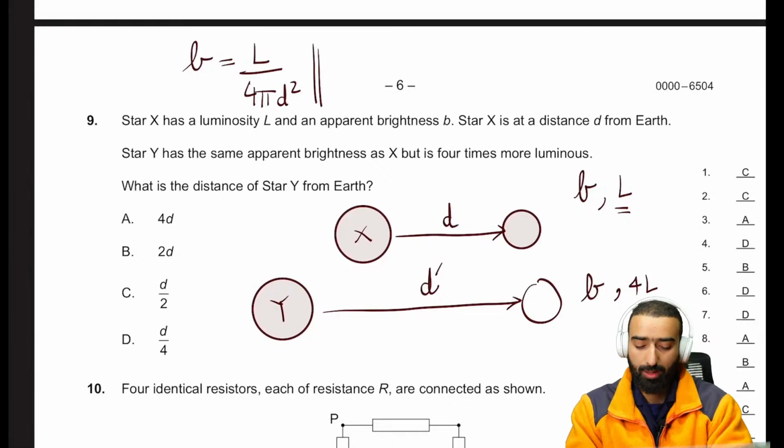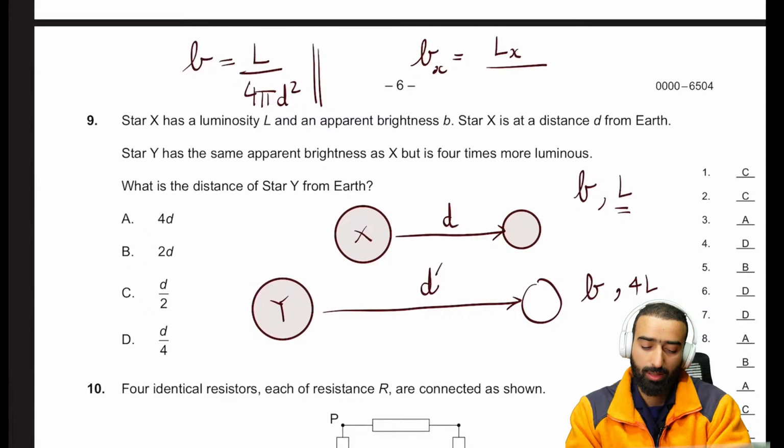Let's apply this relationship onto star X. So we get brightness of star X is its luminosity divided by 4 pi d square. And the other equation is brightness of Y is luminosity of star Y divided by 4 pi d dash square.